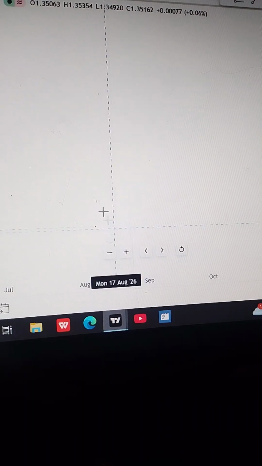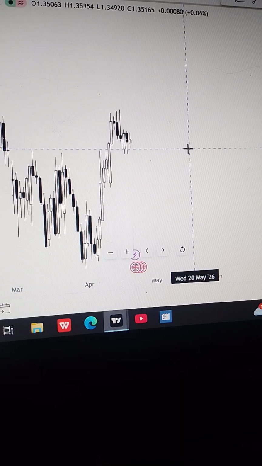Let's look for a clear example, still on a daily time frame.